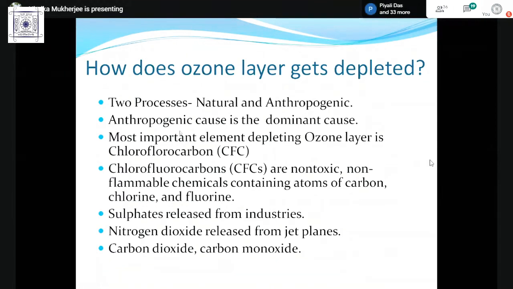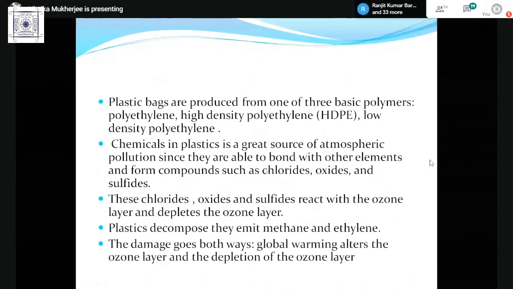Other anthropogenic gases which might deplete the ozone layer are sulfates, carbon dioxide, carbon monoxide, and nitrogen dioxides. But the most important element is the chlorofluorocarbon.